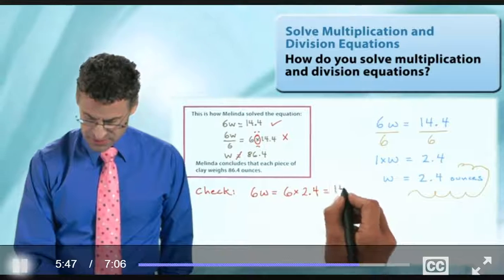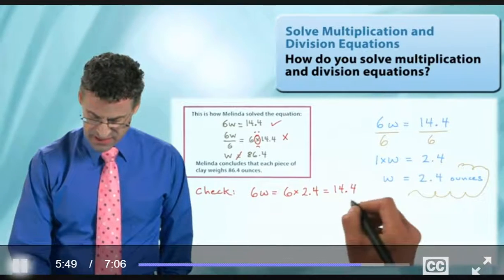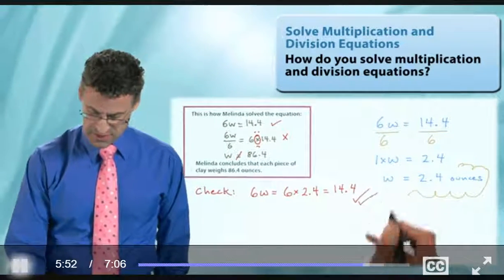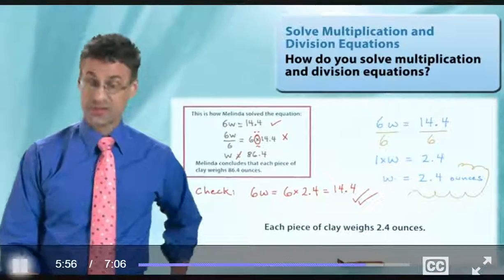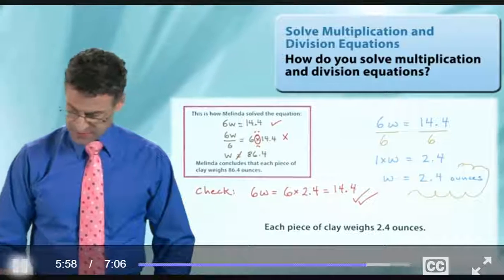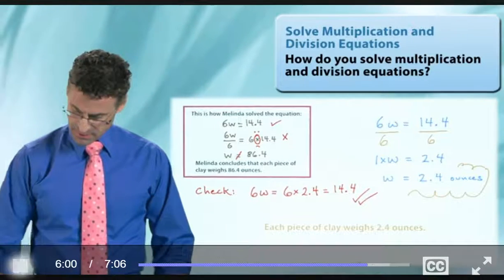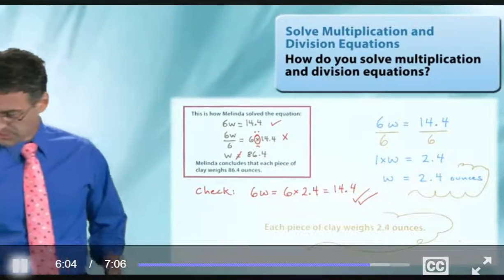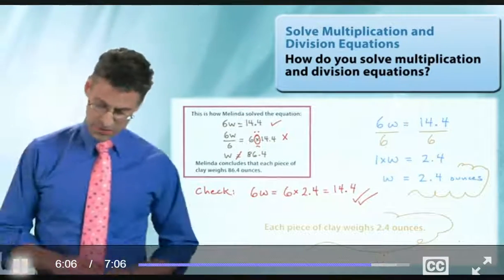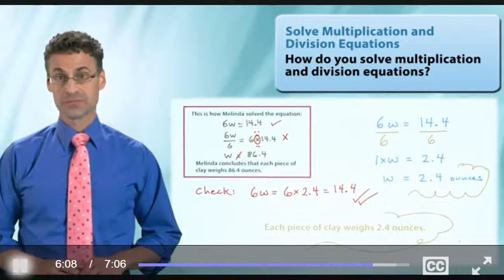It turns out to be 14 4/10. And so it checks. It actually is correct. So we see that each one of these 6 pieces of clay must be a block weighing 2 4/10 ounces.